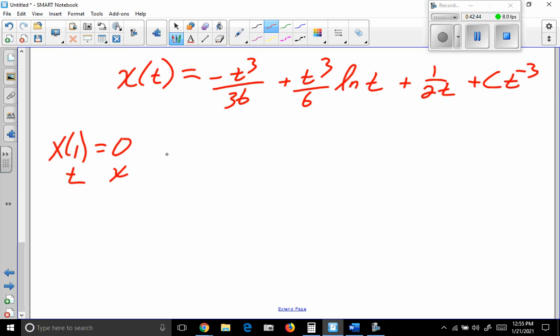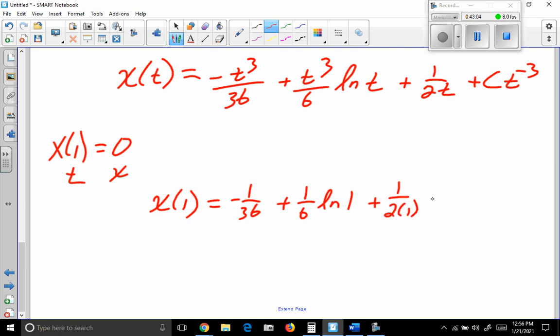So to find c, if we put a 1 in for t, we get 1 cubed, so 1 over 36, plus 1 cubed, so 1 over 6 natural log of 1, plus 1 over 2 times 1, plus, we said we could call that t cubed on bottom, so c over 1 cubed, and that should equal 0. When t is 1, x is 0. Natural log of 1 is 0, so that's gone.